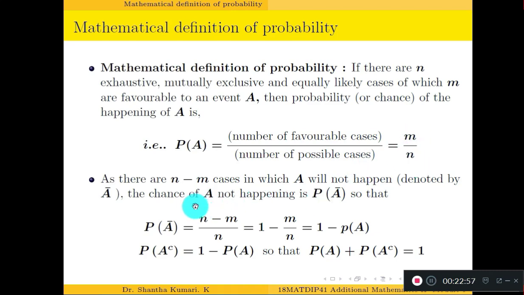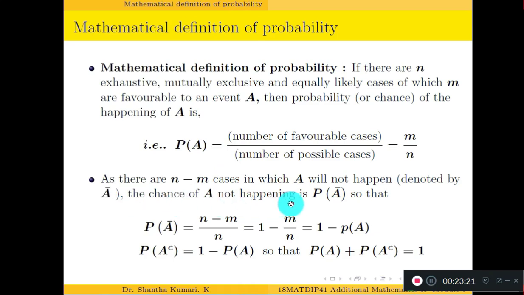And as m cases are favorable out of total n, clearly the remaining n minus m will be not favorable. So n minus m cases are not favorable to the event A. That means they are favorable to the event A complement. Other than A means the remaining part is A complement.